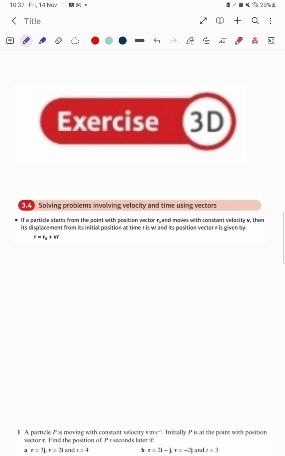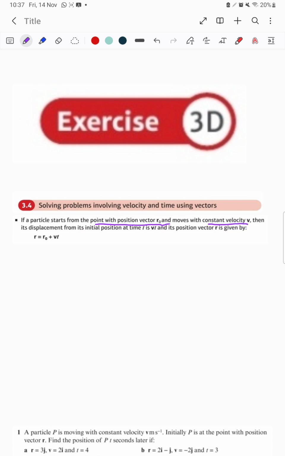Now, before we start the actual question, the particle starts from the point with the position vector r0. So r0 is the original position of the object at the beginning of the motion, and it is moving with a constant velocity v.